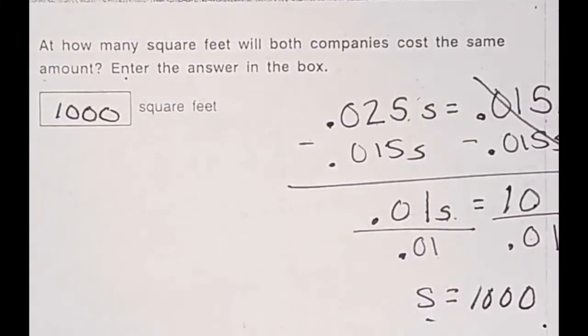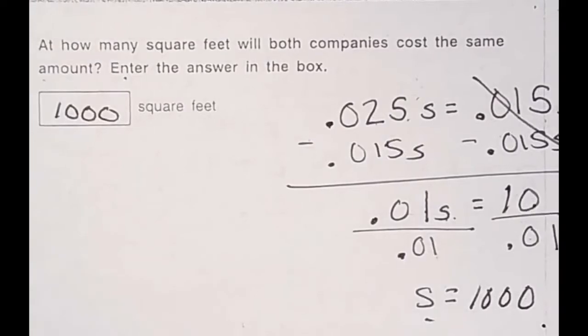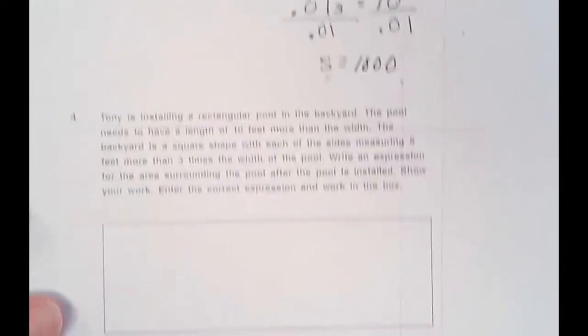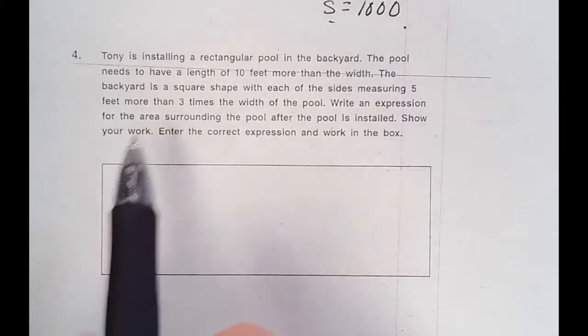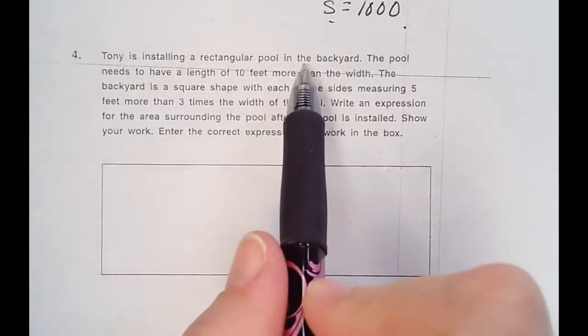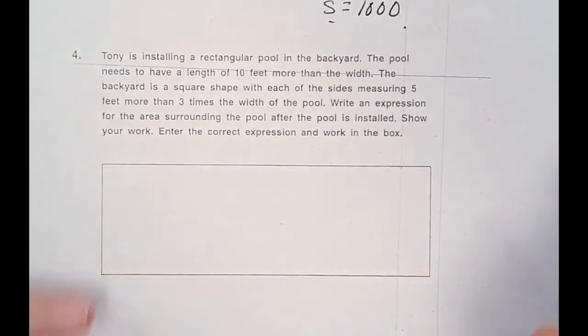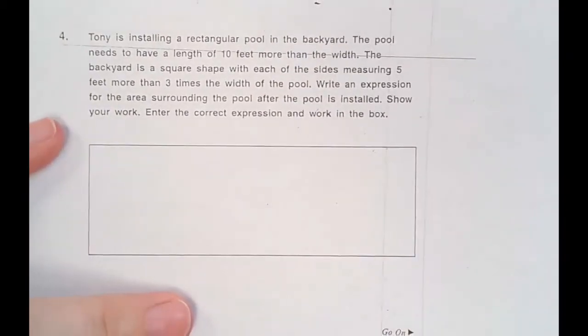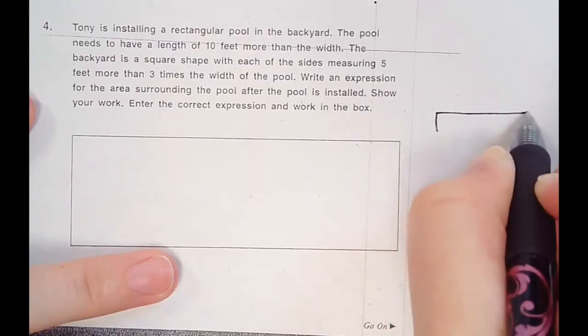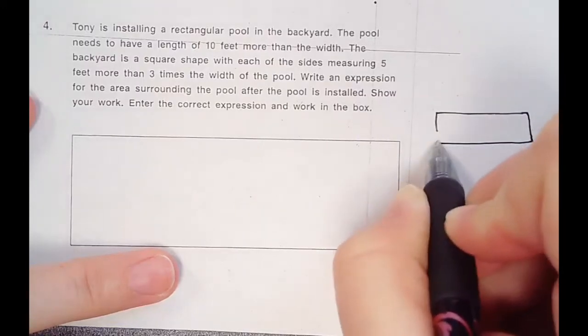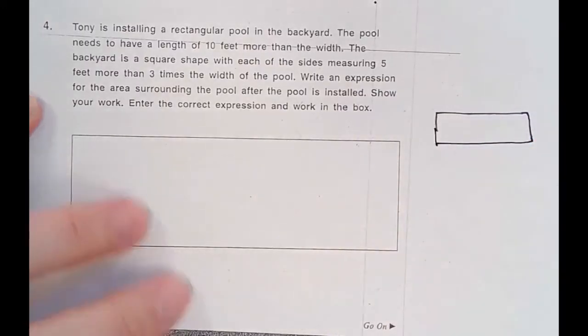So this is brand new data. It says Tony is installing a rectangular pool in the backyard. So I'm going to start sketching as I'm reading. Rectangular pool, looks something like that. Just know that it has to be rectangular. The pool needs to have a length of 10 feet more than the width.